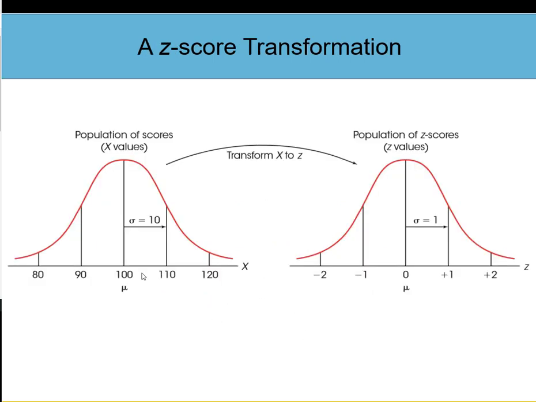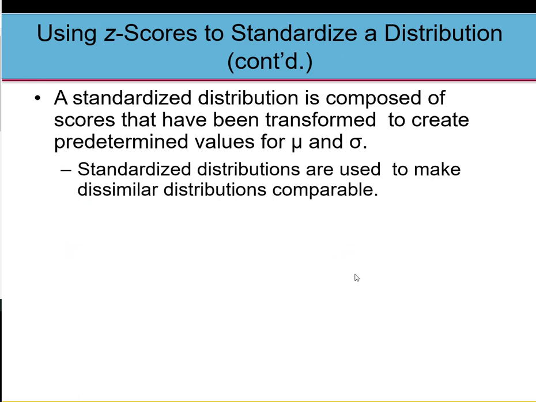So let's look. A z-score transformation. Here we have a mu of 100 with a standard deviation of 10. We transform our x values to z values, and we get a mu of 0, standard deviation of 1. A standardized distribution is composed of scores that have been transformed to make predetermined values for mu and sigma.